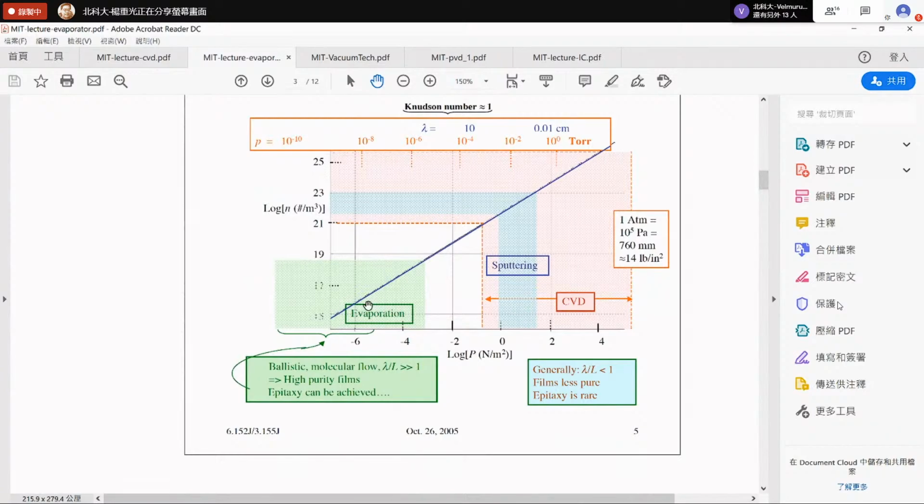And the fabrication has to be ballistic molecular flow. Okay, so the pressure is low and the mean free path is larger than the chamber length. Okay, and you have a high purity film.